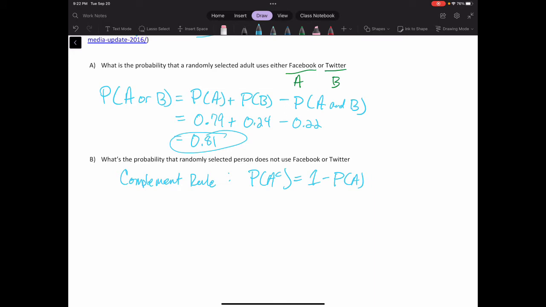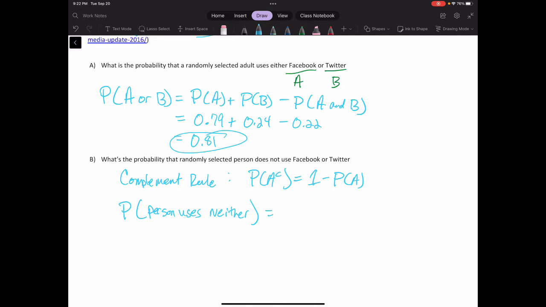If we ask what's the probability that a person uses neither, using neither is the complement of using either one.